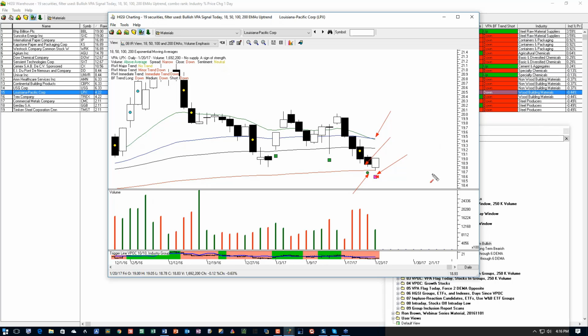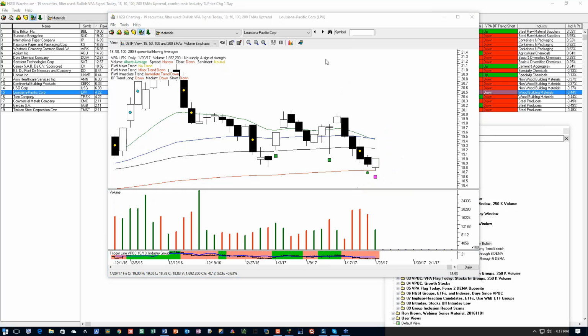Now, in the future, when I build more on this, and I did about as much as I had time to do, we will be able to put screens in here to locate stocks or ETFs or whatever that are dipping down below the 50-day moving average, where the 18 is going down below the 50-day moving average, and it's a potential trade.